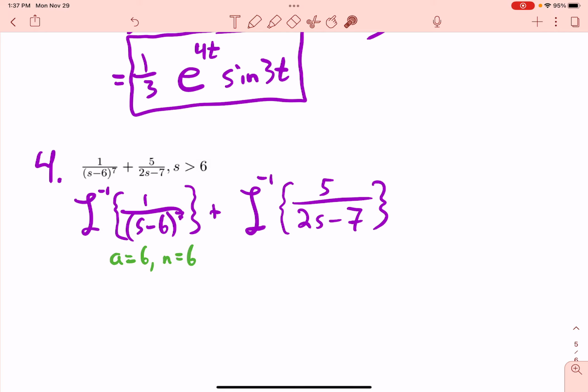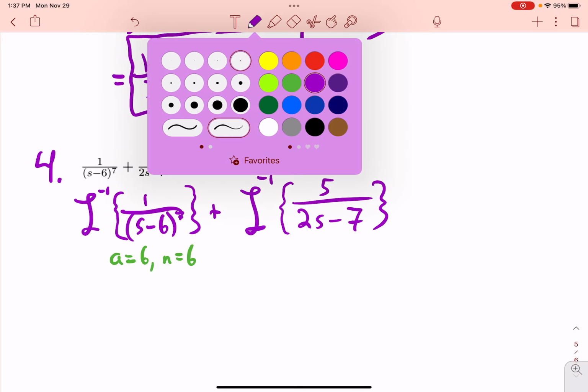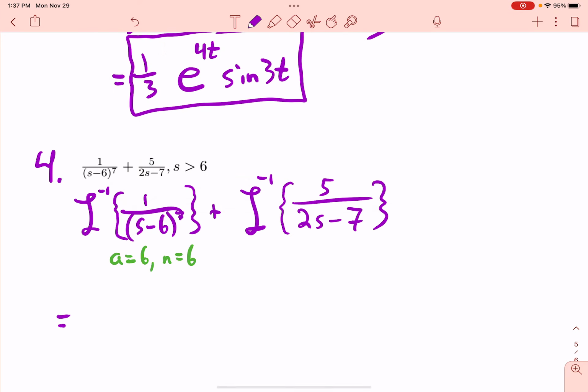Why 6? Because if you add 1 to that n, you should get the power on the bottom. Okay. What are we missing? We're missing the n factorial, or 6 factorial, on the top. But luckily, 6 factorial is itself a constant, so we can go ahead and put that in there as follows.